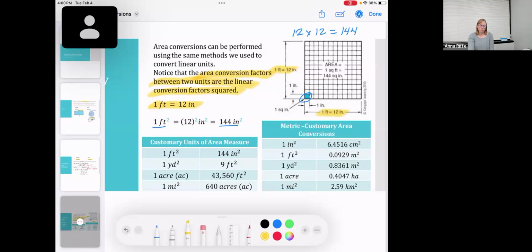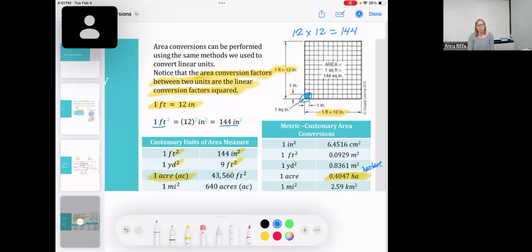Okay. One thing you might notice is most of these units have that little square on it, indicating their area units. Not all of them do. For example, the acre. The acre doesn't have that exponent of 2 on it. It doesn't look like an area unit, but it is defined as an area unit. So we can see its equivalence here. A hectare, or HA, that's a hectare, is something similar.